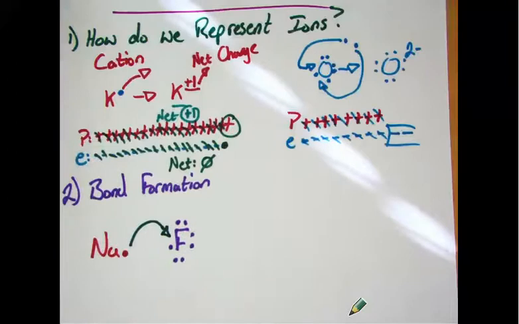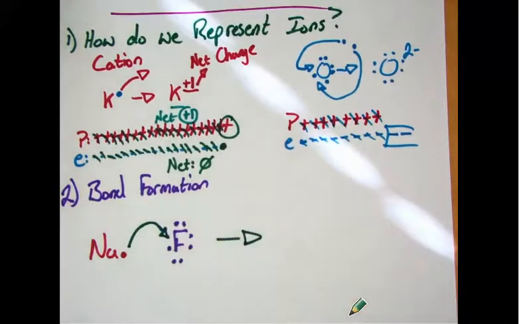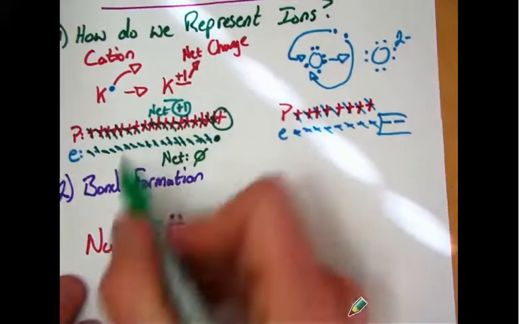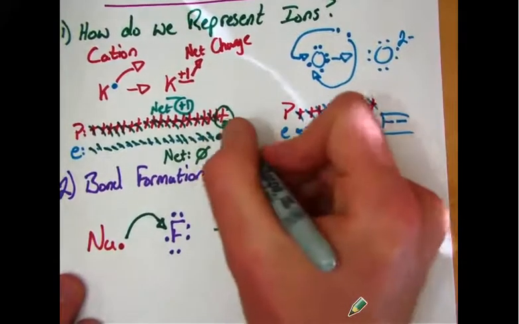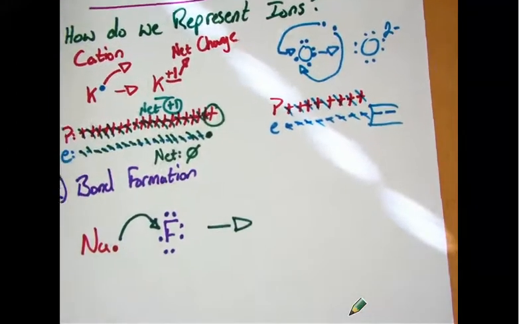So this sodium is going to donate or transfer its electron to the fluorine. Now again, once we form our products over here, remember, we no longer just have a sodium atom. It now becomes a positively charged cation. Why? Because we now have 1 more proton than electron, because we gave away that extra electron.